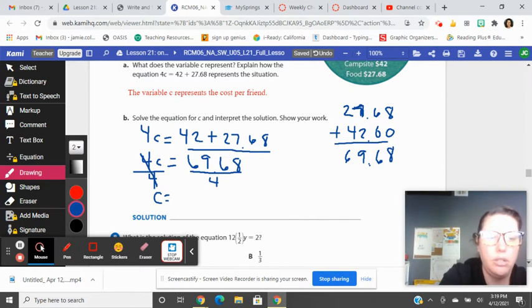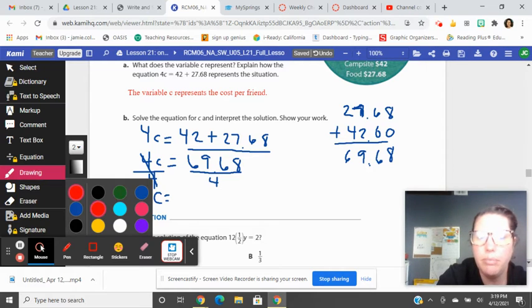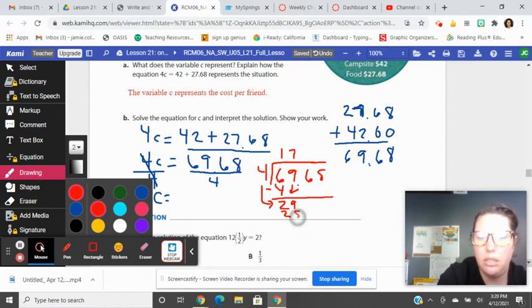So I'm going to do it in a different color so you can see it better. I'm going to divide 4 into 69.68. Okay, 4 will go into 6 one time, which is going to have 2 left over, and I'm going to bring down the 9. 4 will go into 29 7 times. 7 times 4 is 28, which means I have 1 left over.